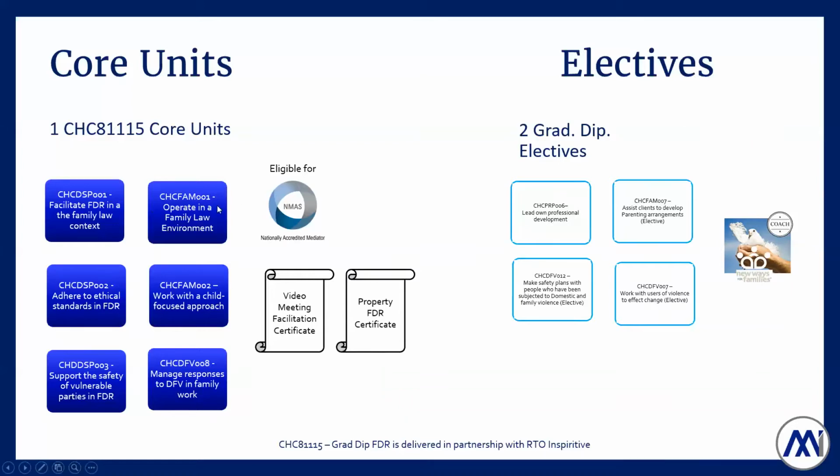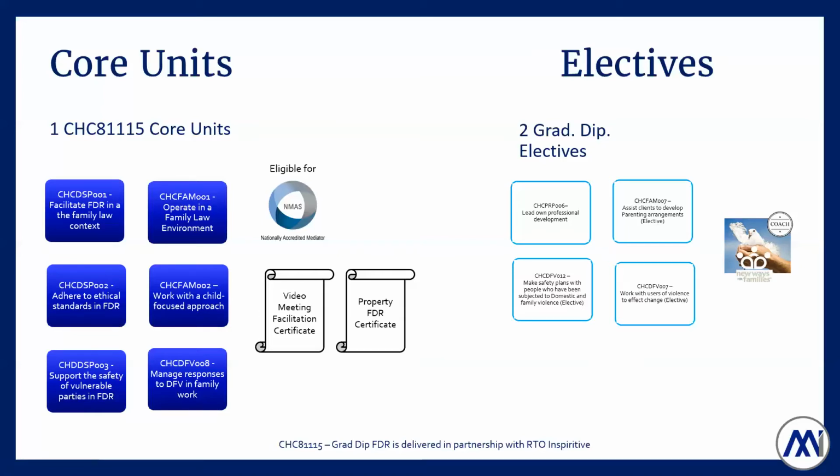For possibly a couple of the core units, it would be very, very unusual for you to get recognition of prior learning for the family dispute resolution core units, because you can't legally be doing the work without being accredited. So yeah, you've been breaking the rules if you're saying that you're doing that, and so you clearly wouldn't have known all of the requirements to have been doing that.